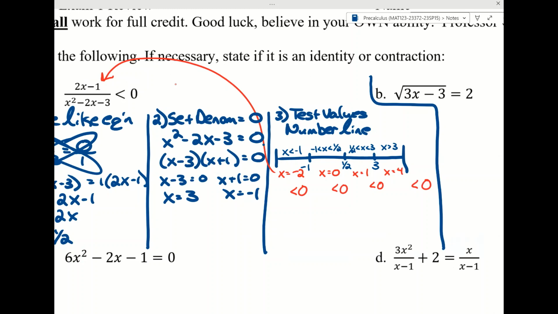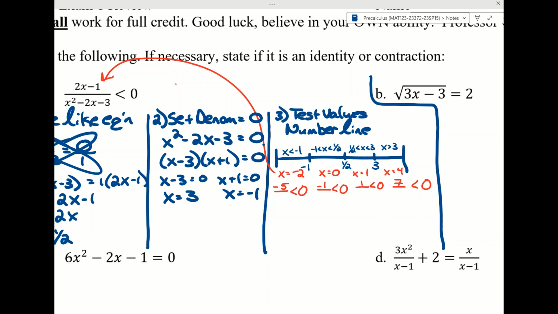I'm going to plug in -2. On top, I get -4 minus 1 is -5. If I plug 0 in on top, I get -1. If I plug 1 in on top, I get 1. And if I plug in 4 on top, 8 minus 1 is 7.